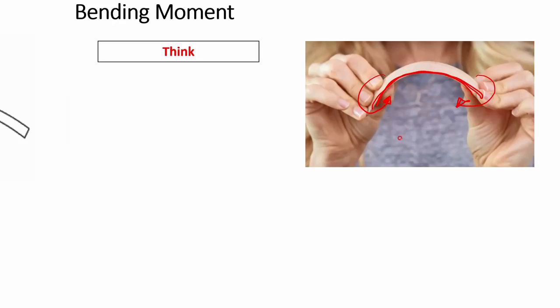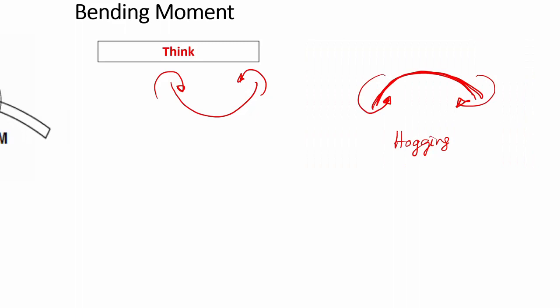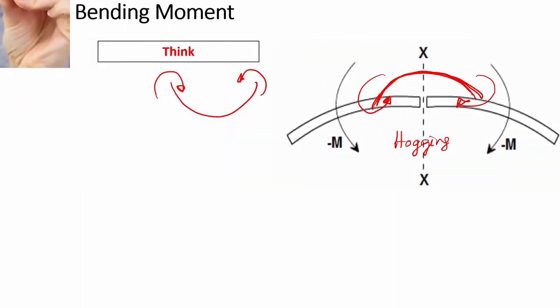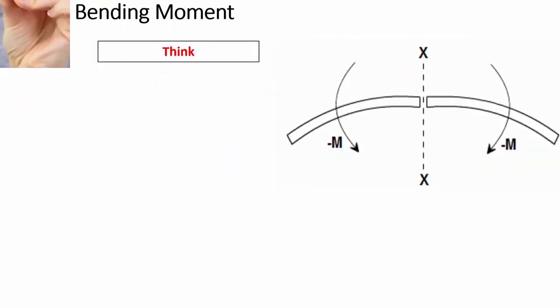This is called hogging bending. This is hogging, the stick is like this. If the stick is bent like this by applying one force here and another force here, this is called sagging bending. Understood? Now you can see what we did for that stick.